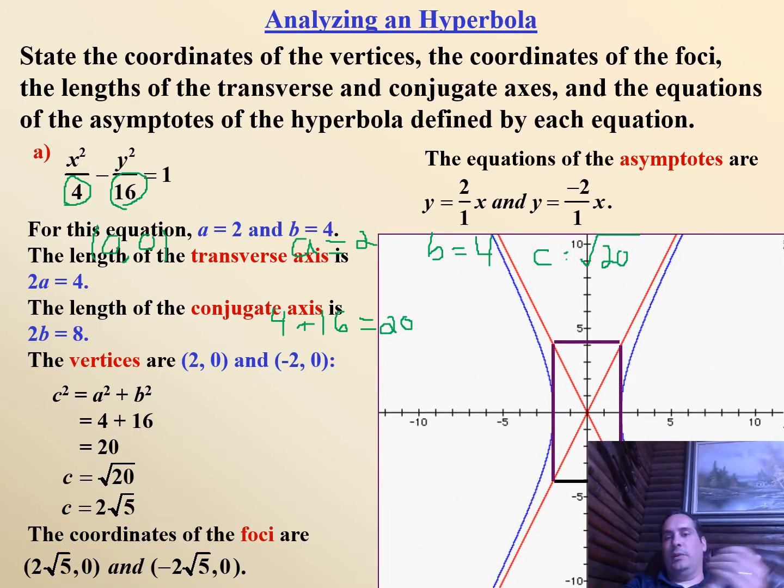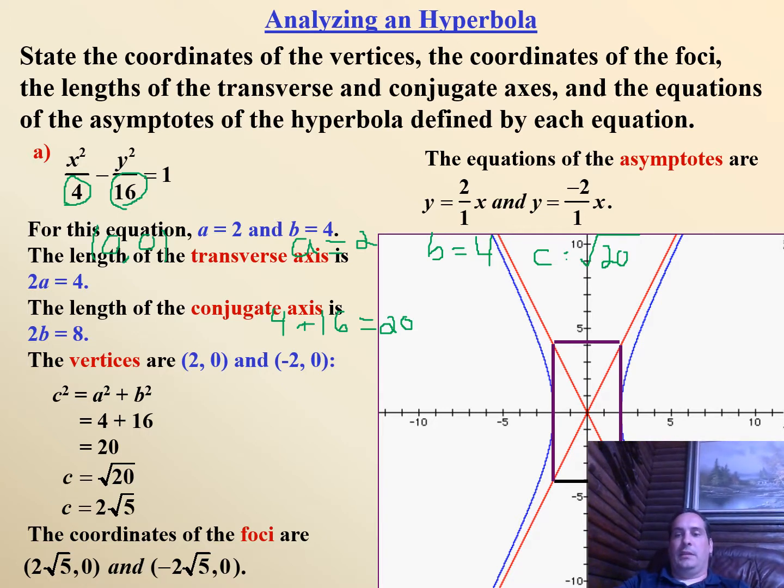All right, if you actually drew this out, you'd see first off that your A value is 2. So all you do is go 2 to the left and 2 to the right. And then you go 4 up and 4 down.